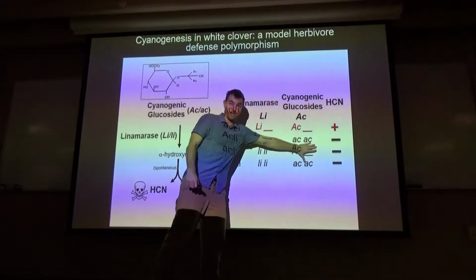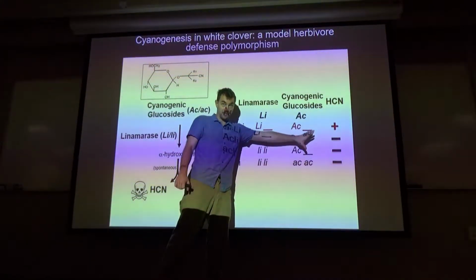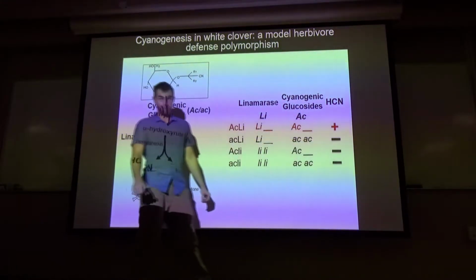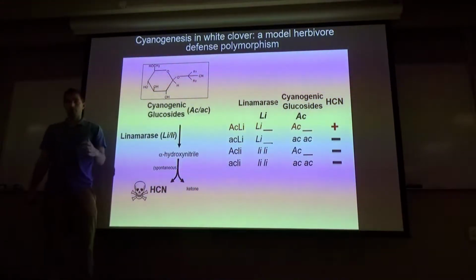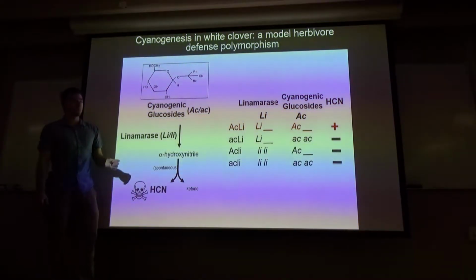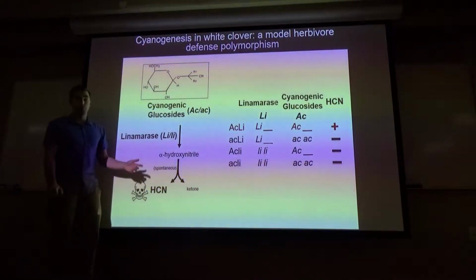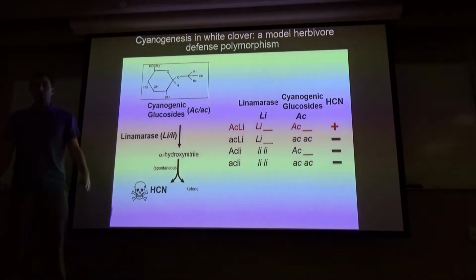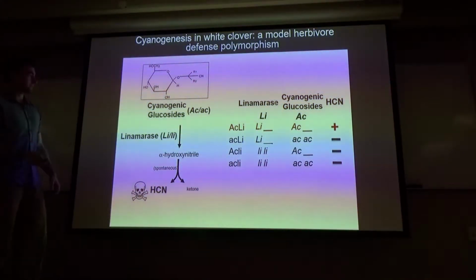So there are 3 different genotypes where you're not cyanogenic, and one where you can. Now, from our last talk, this is the example of double recessive epistasis right here, where we would have a 9:7 ratio in our F2 generation if we were to do this.